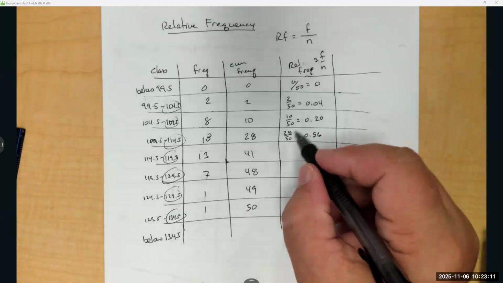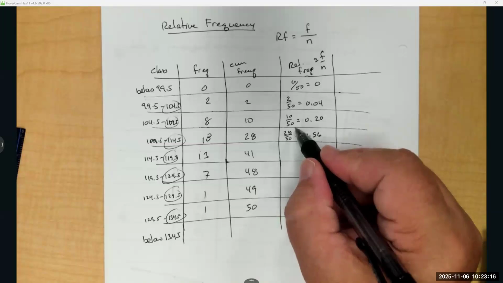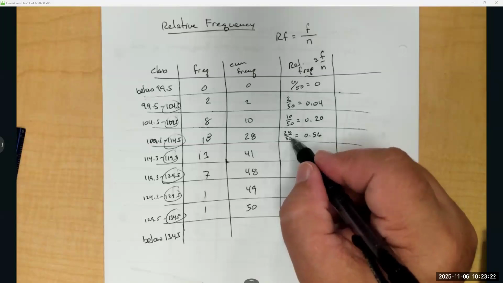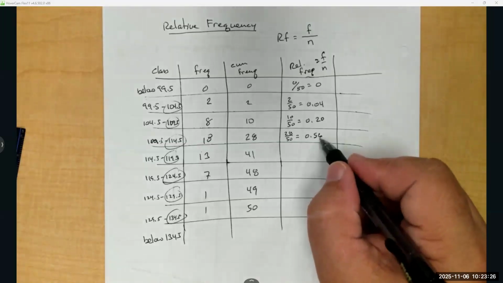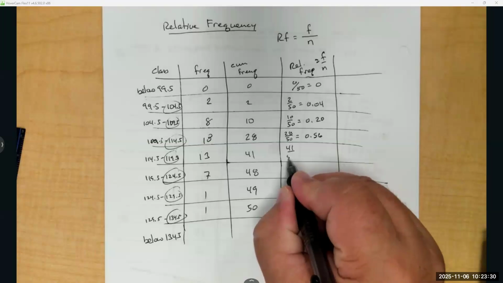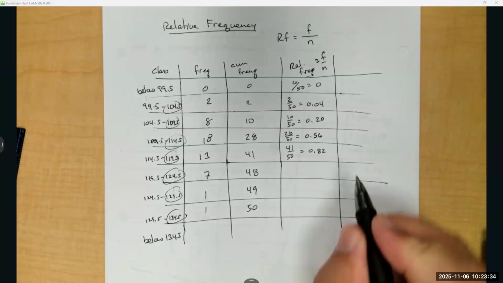Or if we double it, what's 2 times 28? 56. 56 over 100 is 0.56. Then we do 41 over 50 is very good.